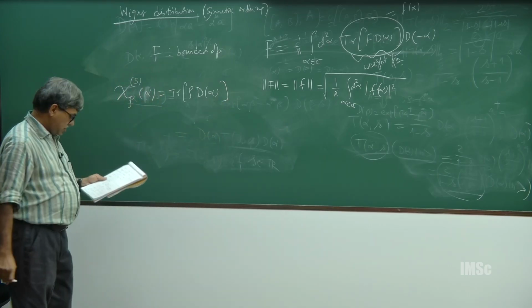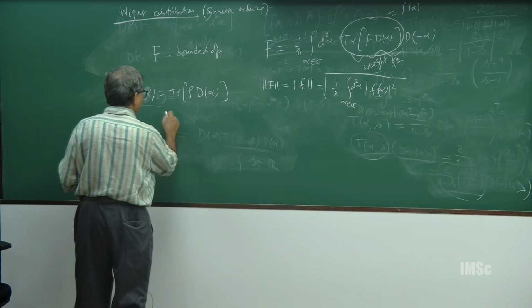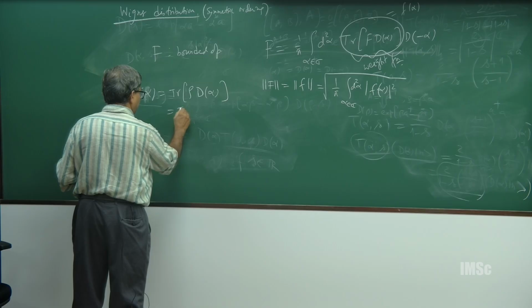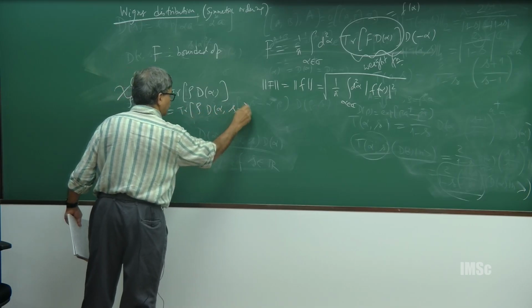And this is basically trace of rho D of alpha, with s equal to 0.